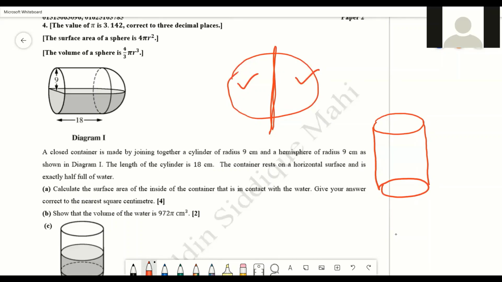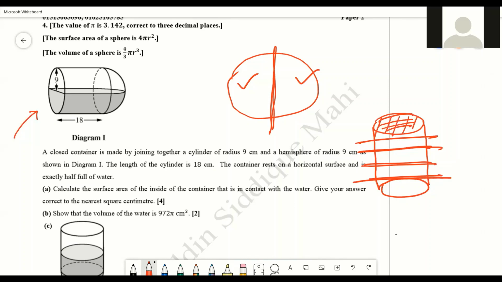Uniform cross section means if you cut it, the top surface area that you can see is not going to change. So this circular area, wherever you cut the cylinder, is not going to change. So the closed container we can see here is actually a combination of a cylinder and a hemisphere, and it's a closed container.